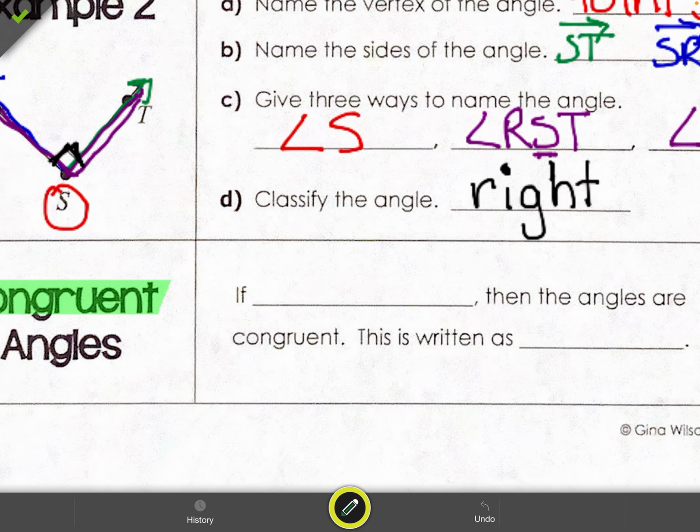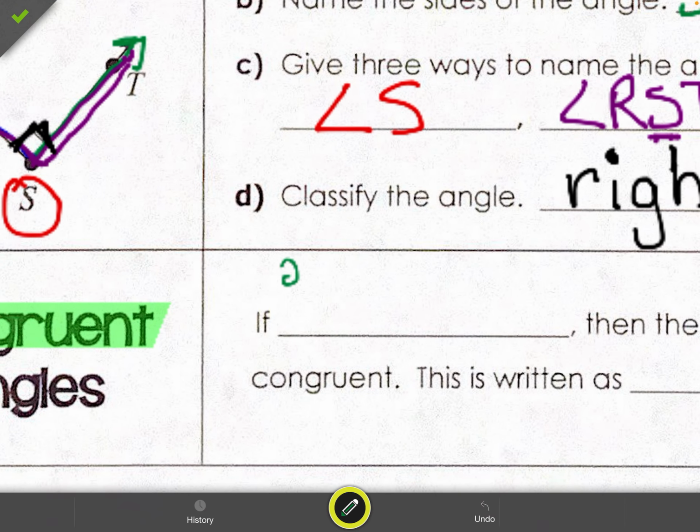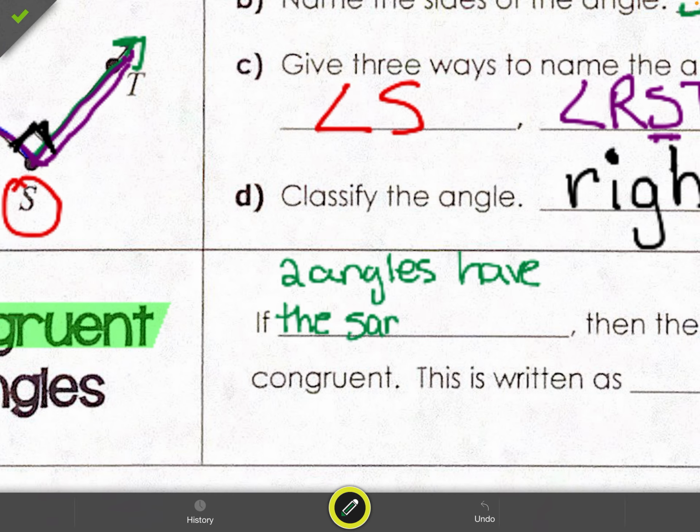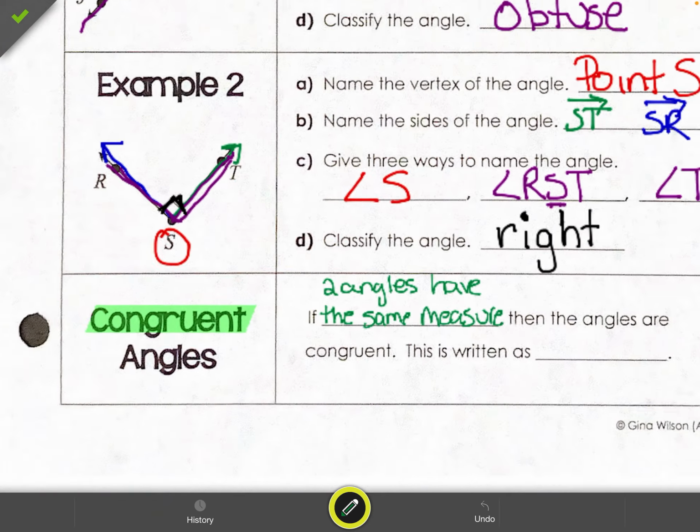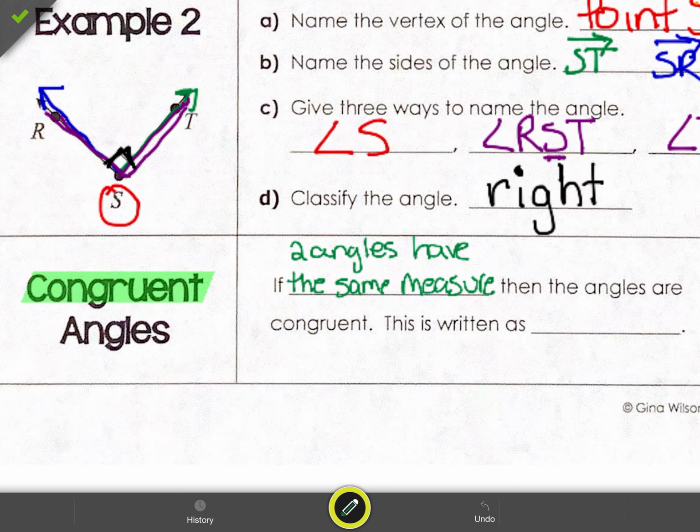And they don't leave us a lot of room in this book. So if two angles, I'm just going to write above the line, have the same measure, then they are congruent.